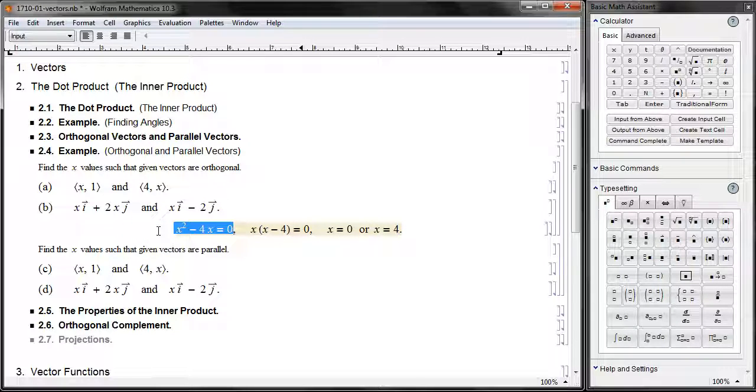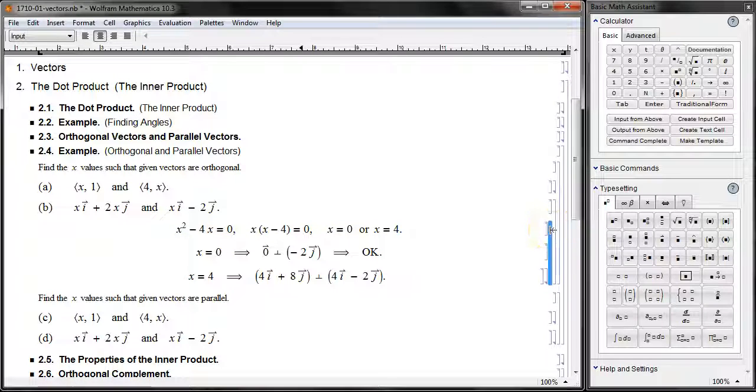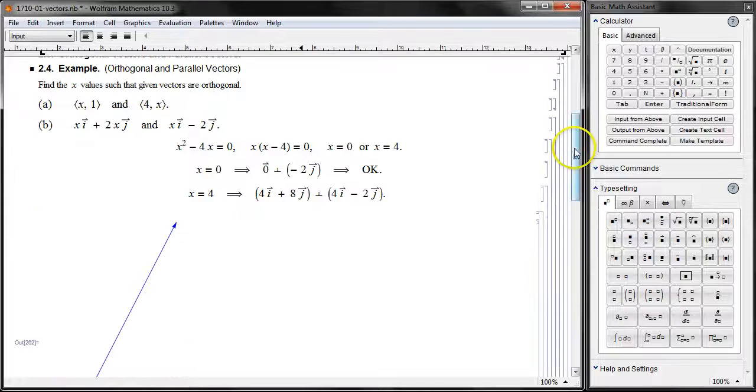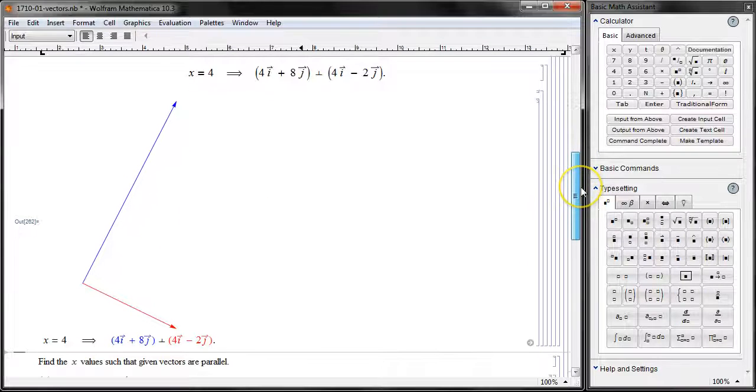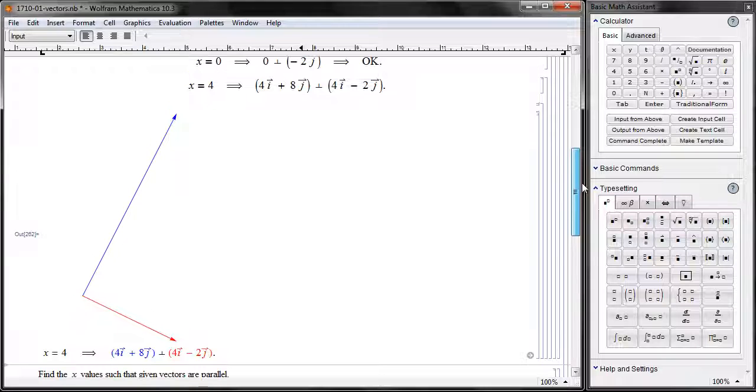This is a quadratic equation, so you can solve it. x is either 0 or 4, and that's when we're going to get orthogonal vectors. When x equals 0, I think you're going to get a 0 vector, and 0 vector is orthogonal to everything, but a lot of people will say that's cheating, so you may have to use x equals 4. Well, here's the visualization. When x equals 4, yes, we have orthogonality.